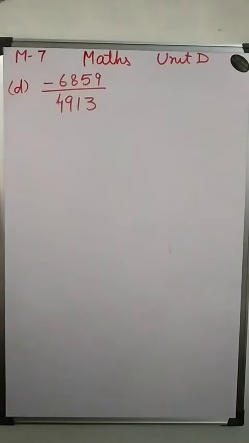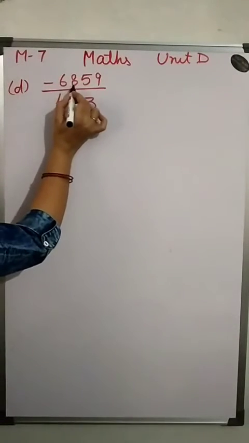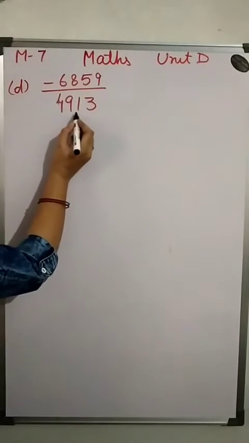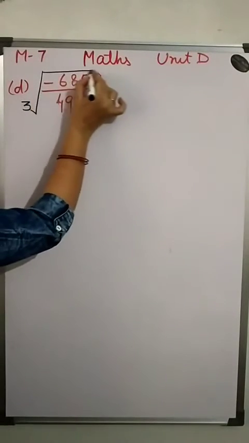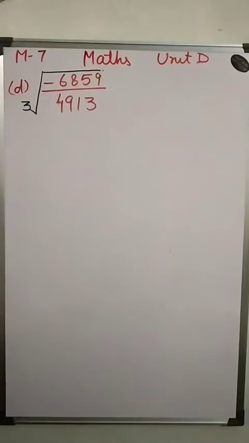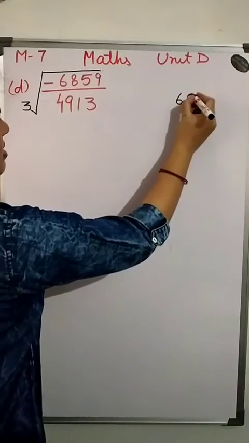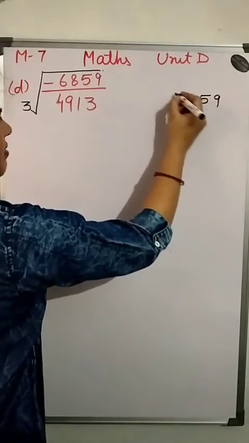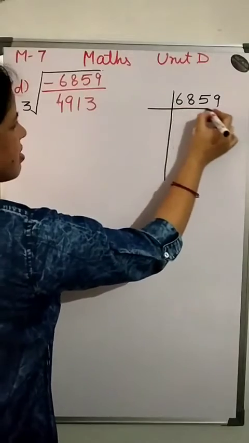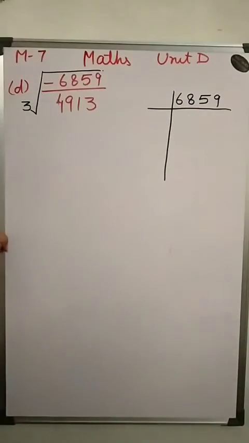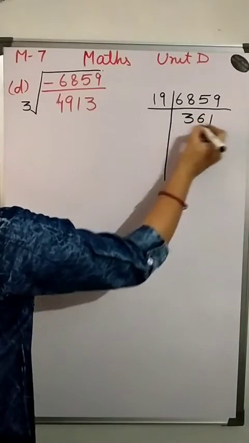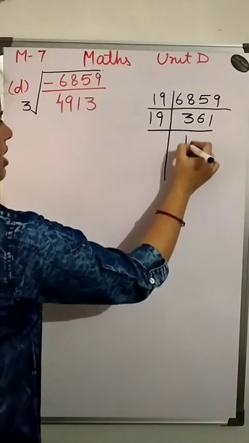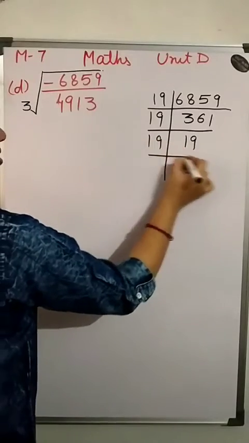Now the next question is -6,859 upon 4,913. Here you have to calculate the cube root of this number. What we do here, first we calculate the prime factors. 6859 is divisible by 19 only, giving 361, and then again by 19, and it is also by 19.